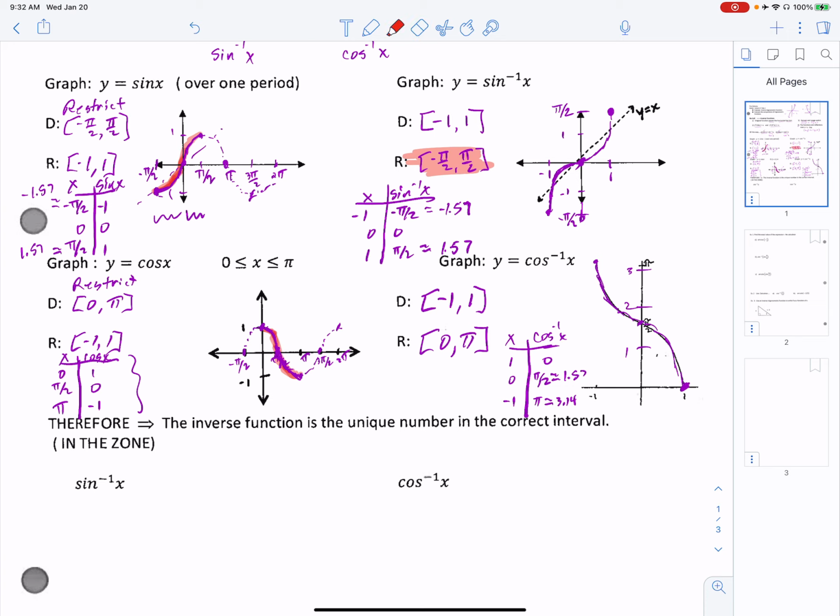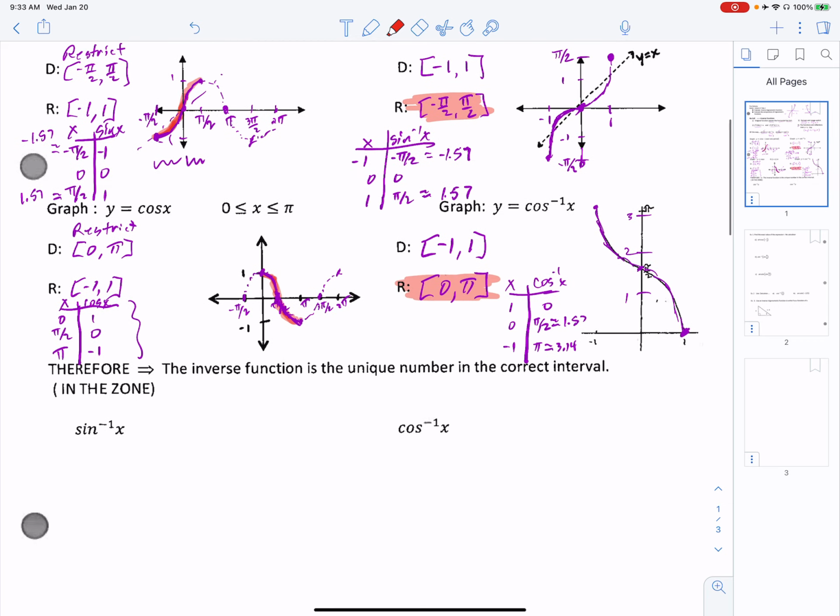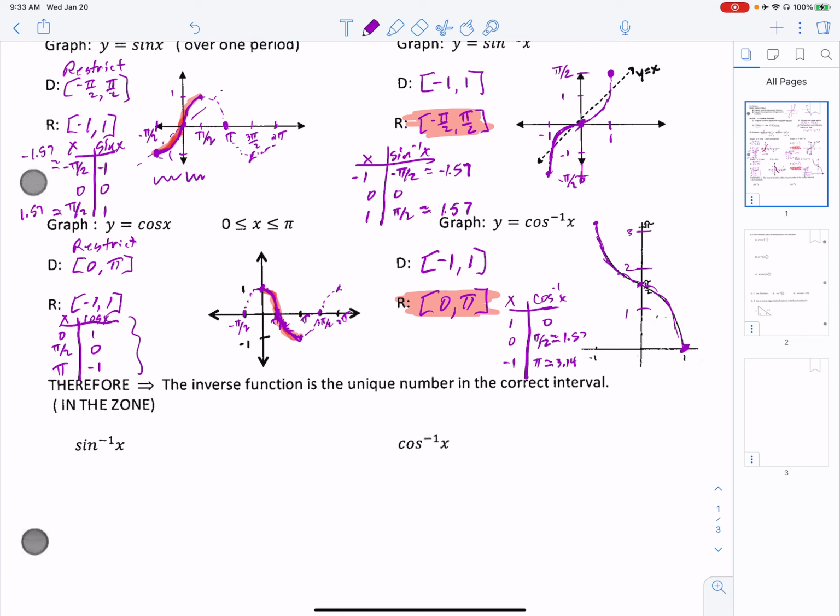And again, what's going to be really important as we do inverses is that the output on inverse cosine is restricted between quadrants 1 and 2. Those are the only possible outputs of inverse cosine. So also notice that the range are what the angle measures were.